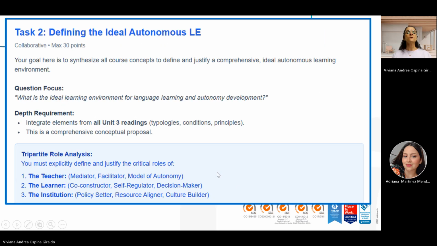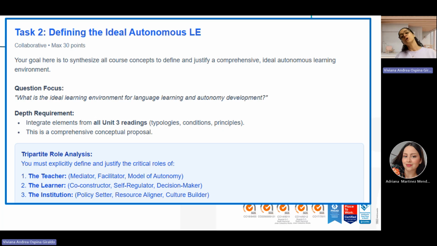Also, our goal here with this collaborative side is to synthesize all the concepts to justify a comprehensive and ideal autonomous learning environment. So in this specific task, we are going to master all these specific concepts that we have been working on.